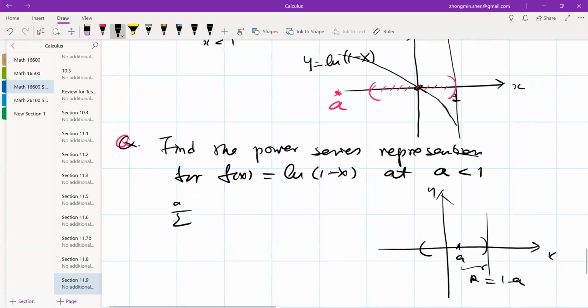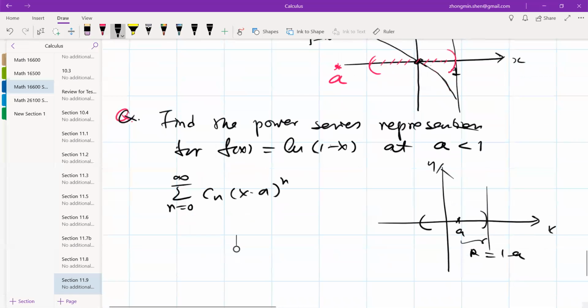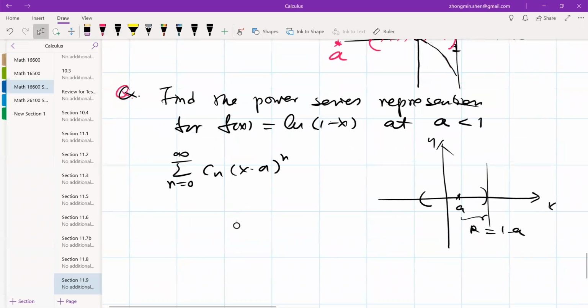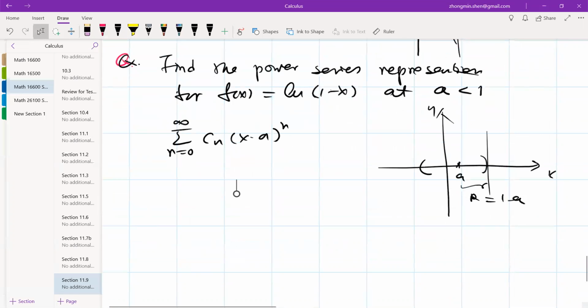This formula must be in the form of the sum of Cn times x minus a to the power n. So let's determine the coefficients Cn.